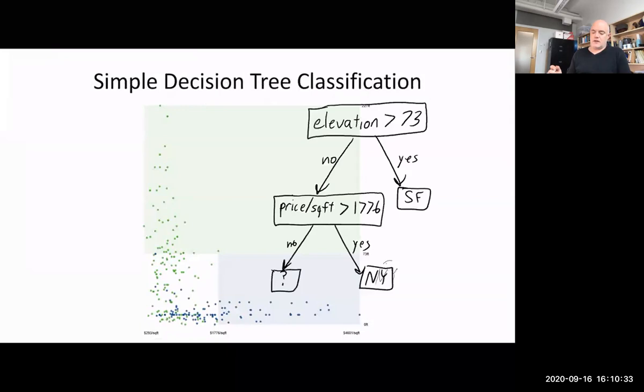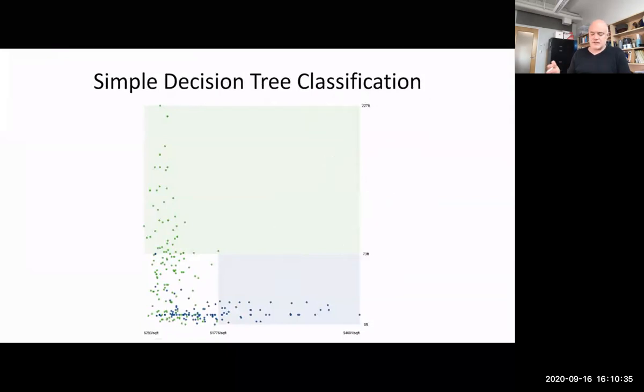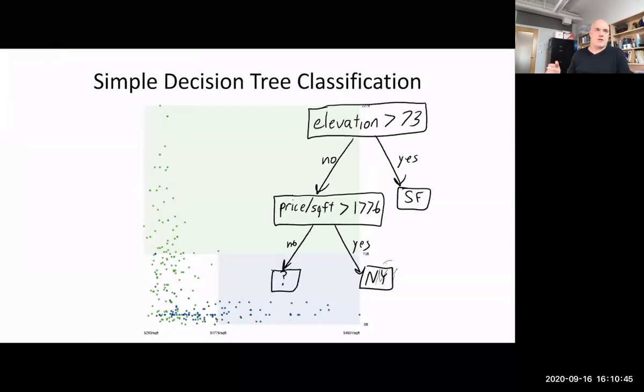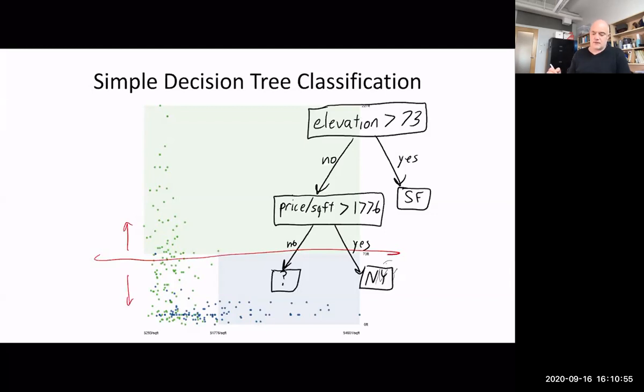with the following tree. And apparently people can see the green and blue squares here. I can't see them on my own monitor, so it's a little bit hard to know for sure. There's a green square here, and there's a blue square here, and that corresponds to this relatively small decision tree where we first split on elevation, above 73, below 73, right?